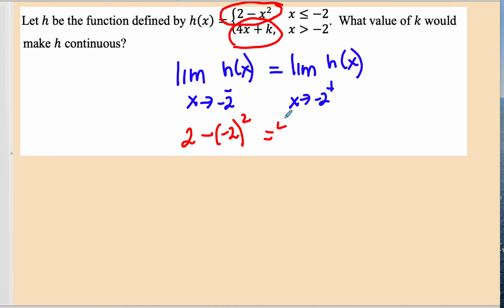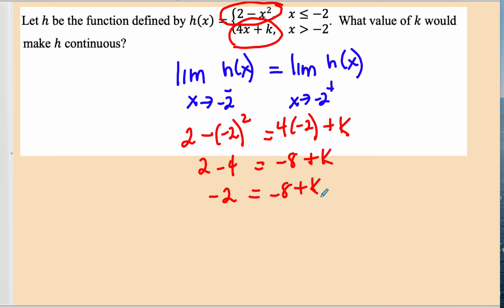So that'll be 4 times -2 plus k. So this will be 2 take away 4 equals -8 plus k. And then this will be -2 equals -8 plus k. So if we allow k to be equal to 6, then we know this will be continuous, because putting 6 here will force this limit and this limit to be exactly the same.